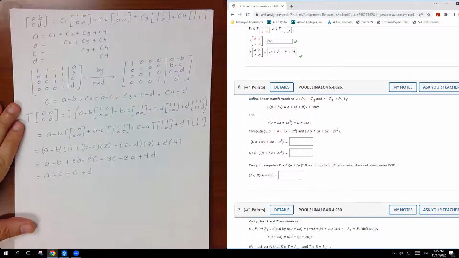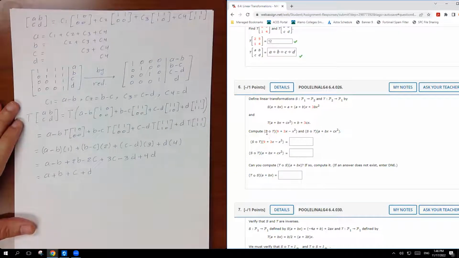Next example, 6. Find the linear transformation S from P1 to P2 and T from P2 to P1 by S of A plus BX equals A plus BX plus 3BX squared. And the transformation T of A plus BX plus CX squared is going to be equal to B, that means the second number here, plus 3CX.